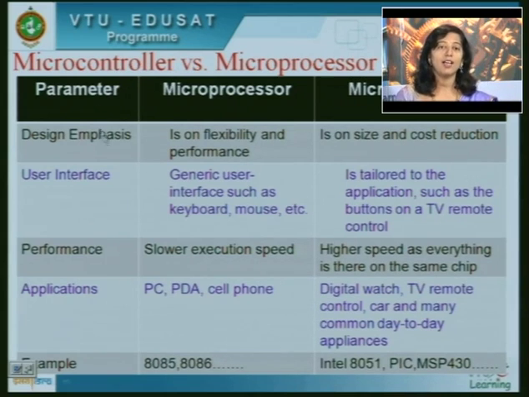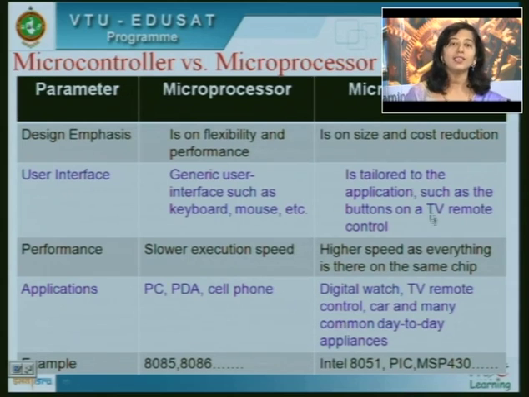So, we have all our processors which we generally use in our laptops, in our PCs are microprocessors, whereas microcontrollers are used in simple appliances which we use in our day-to-day life. The example microcontrollers are Intel 8051, MSP 430, the PIC microcontroller. PIC stands for Peripheral Interface Controller. So these are the major differences between a microprocessor and a microcontroller.